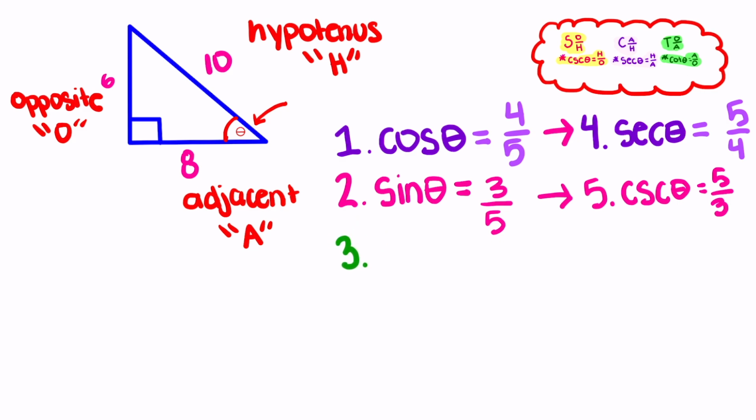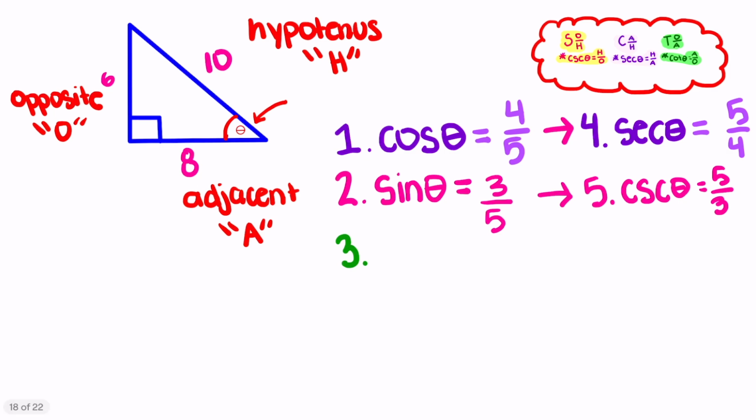Now, for our second to last trig function, we want to find tangent of theta. So again, referencing my notes that I wrote above, tangent is the TOA in SOHCAHTOA, which is opposite over adjacent. If we look at the triangle diagram, our opposite O is 6, like we mentioned earlier, and our adjacent side length A value is 8.